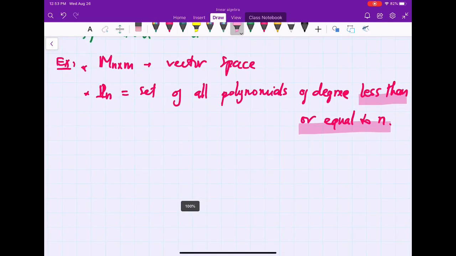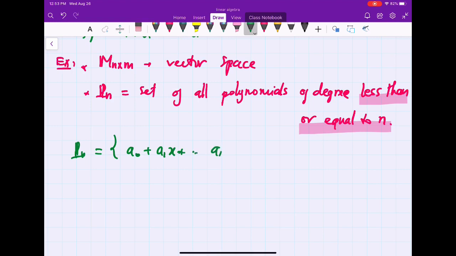Okay, so I can write it like this: Pn is the set of polynomials a0 plus a1x plus so on plus an x to the n, where the ai are real numbers, i from 0, 1, to n. So this is the set of all polynomials of degree less than or equal to n.